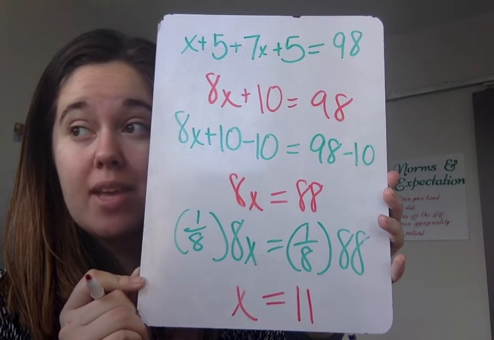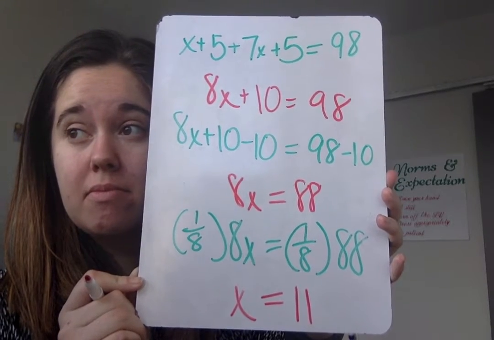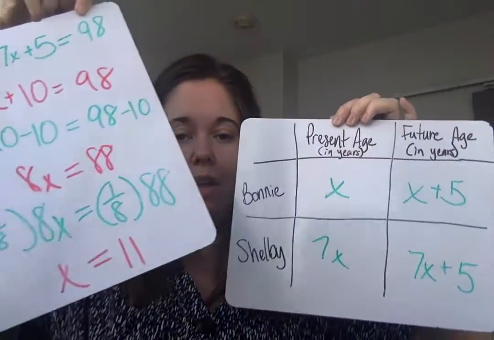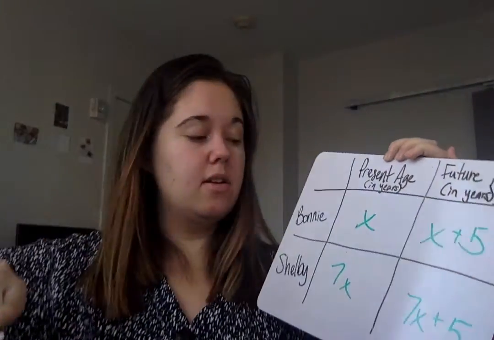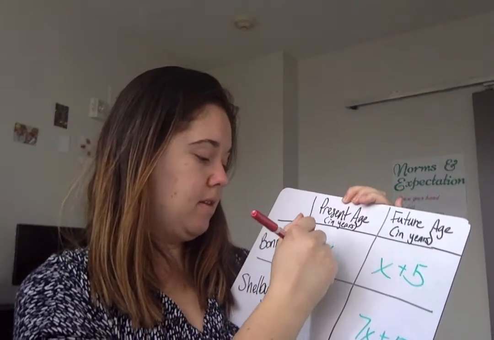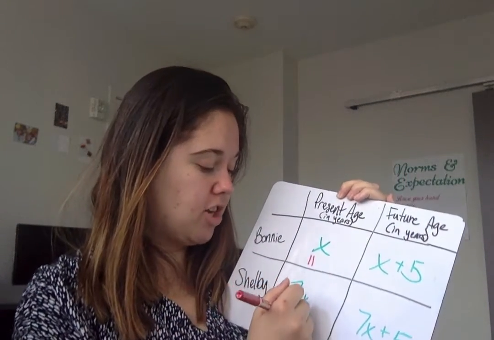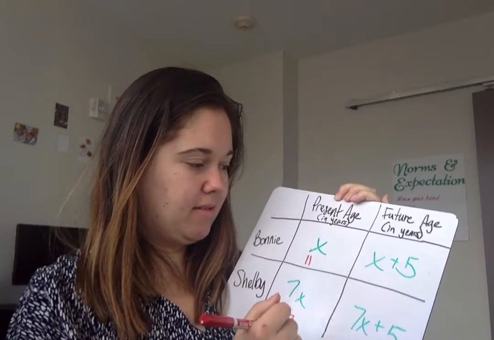Bonnie's age, we now know, is how old? Well, if I look back, Bonnie's age right now is x. And we just found x is 11. So Bonnie is 11. Shelby's 7 times as old, so Shelby would be 77.